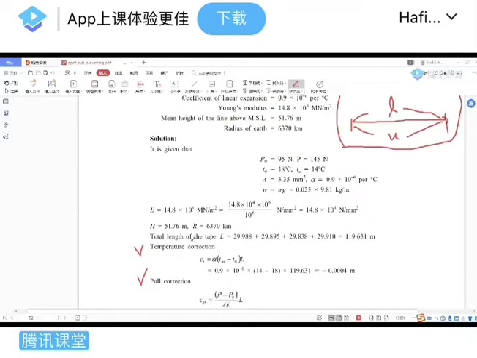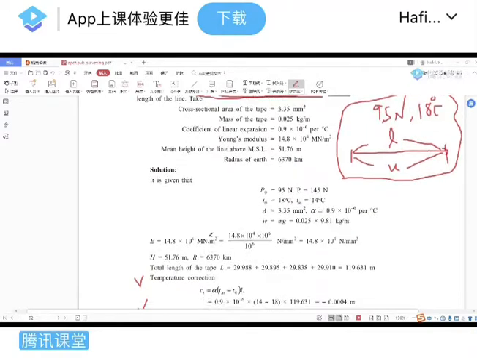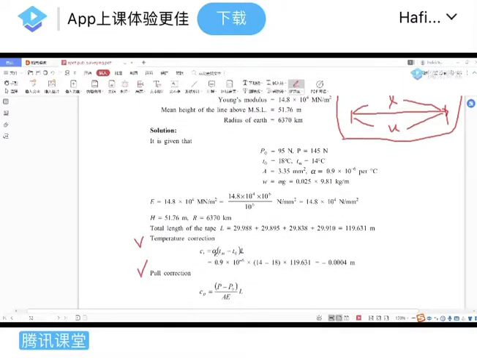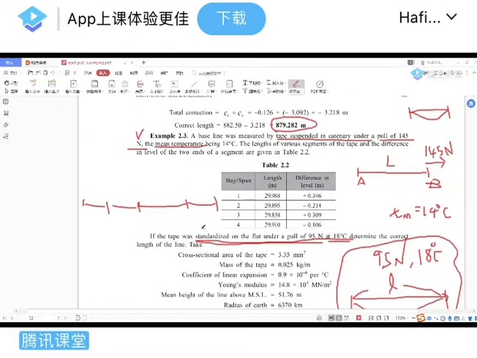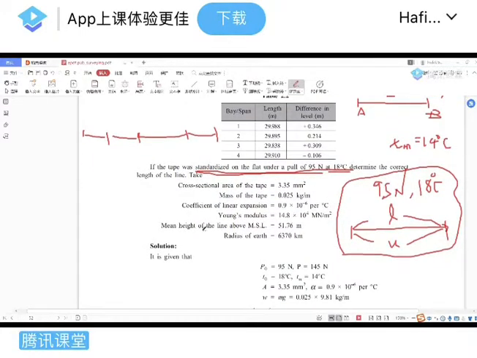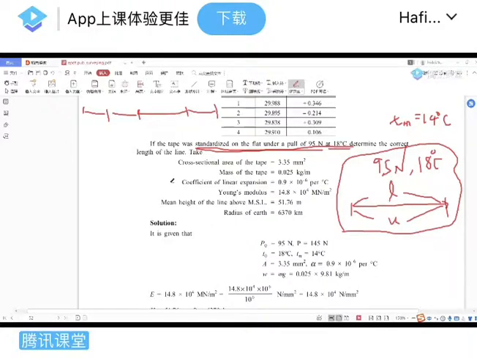Yesterday we briefly mentioned this one. Try to find out the thermal expansion coefficient. Where is the thermal expansion coefficient? Over here. This is a linear expansion, a thermal expansion.